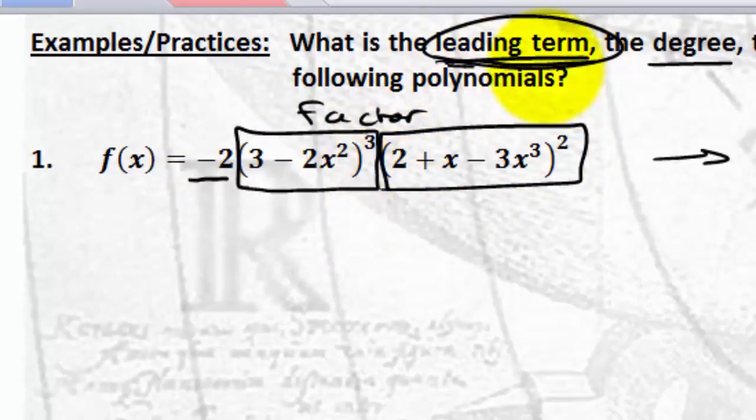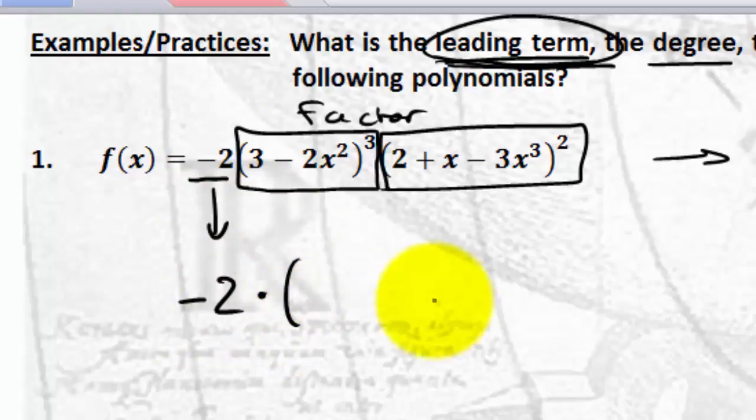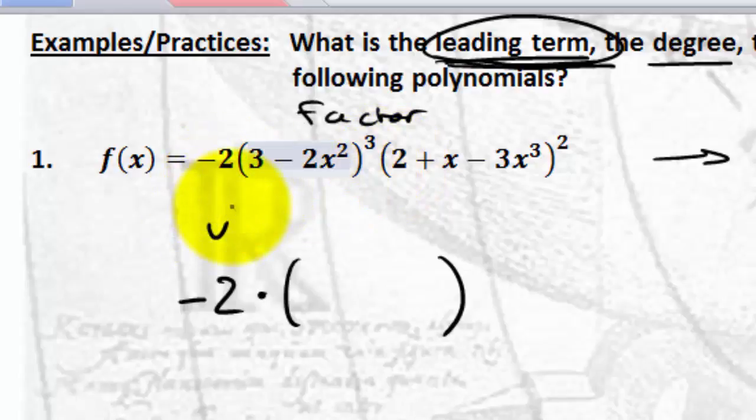The leading term will carry the highest degree. So, what's the highest degree of the first factor? Well, that's just -2. What's the highest degree of the second factor right here? Well, let me get rid of this. Inside the parentheses, the highest degree is -2x squared. But you are cubing it, right?